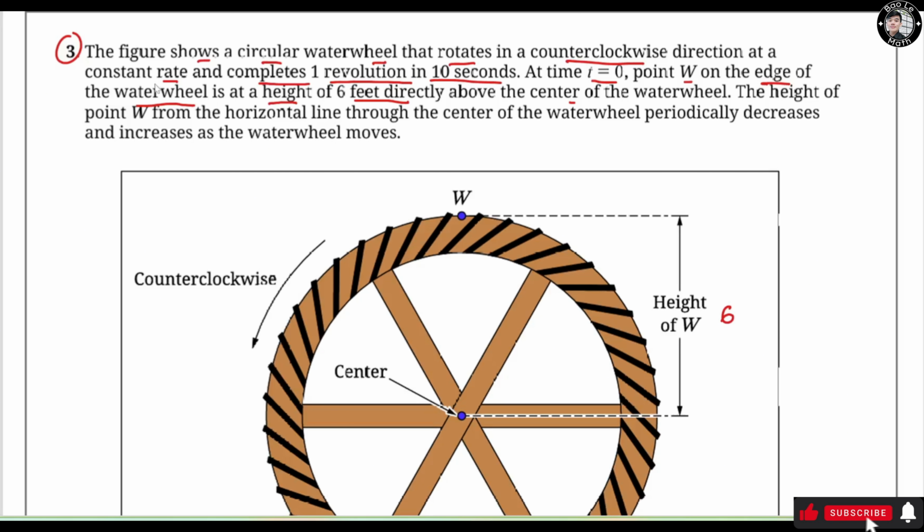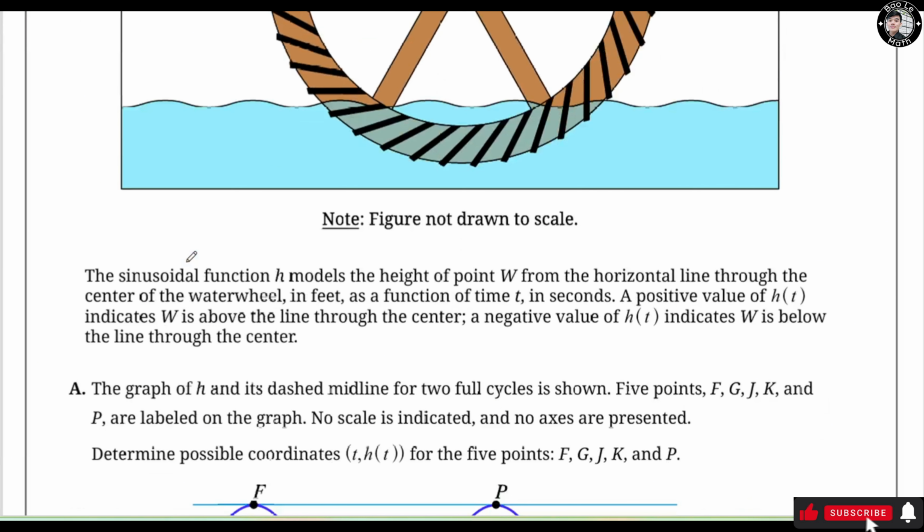The height of the point W from the horizontal line through the center of the water wheel periodically decreases and increases as the water wheel moves. The sinusoidal function h models the height of the point W from the horizontal line through the center of the water wheel in feet as a function of time t in seconds.